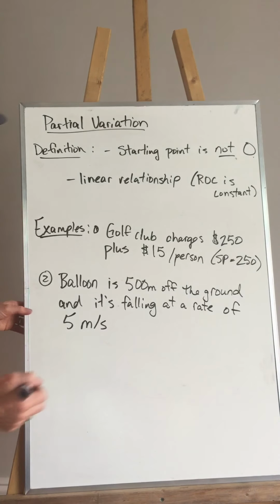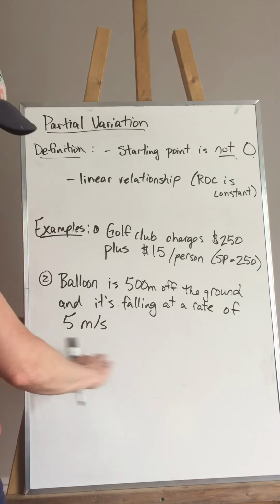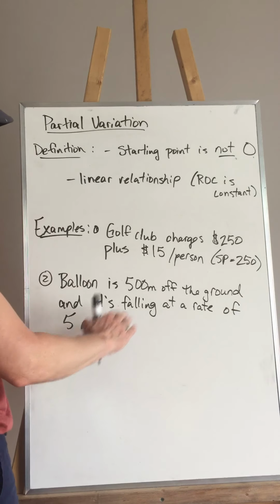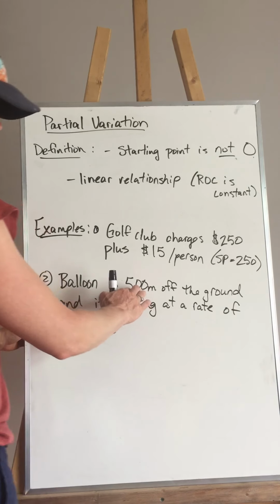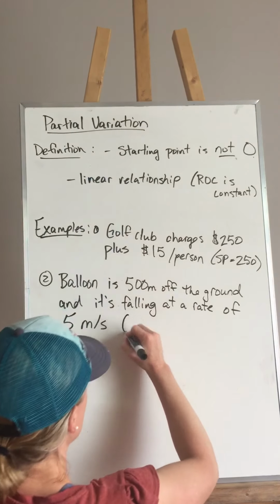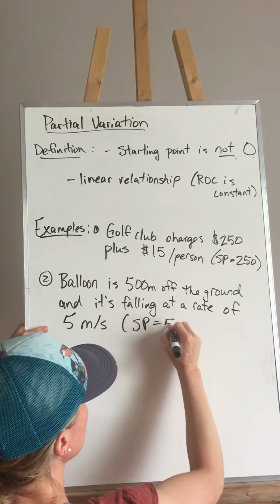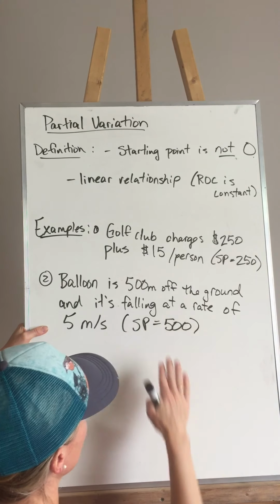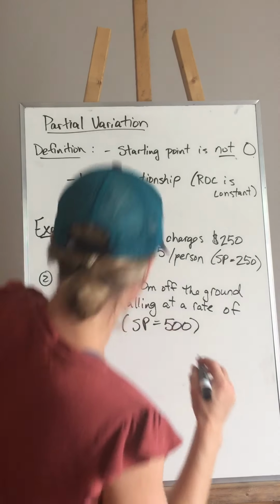Also an example of partial variation because you're not starting on the ground, right? You are starting up in the air, so your starting point is 500. Because that starting point is not 0, it's partial variation.